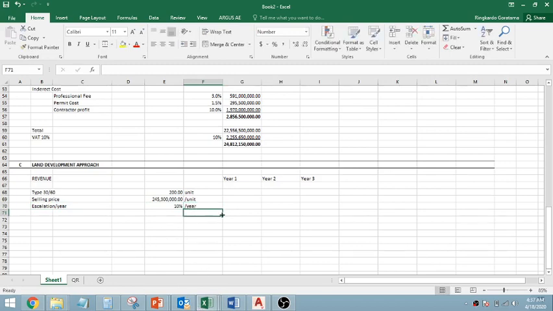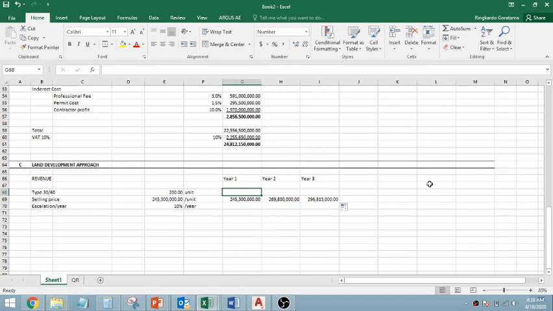So the selling price will be the same in year one, but for year two it will increase. Okay, this is the selling price after year two, and this one is the third year.